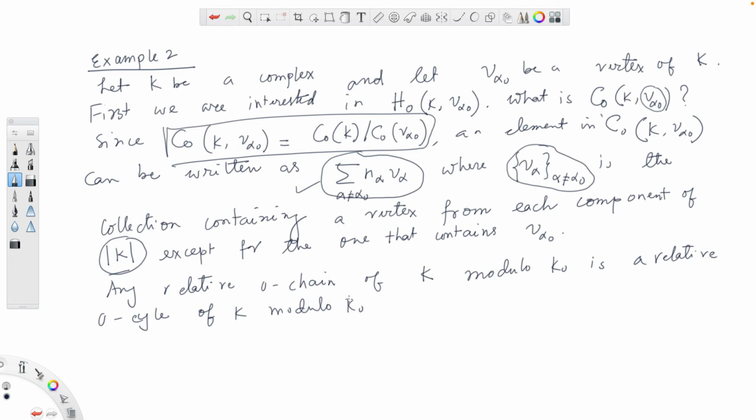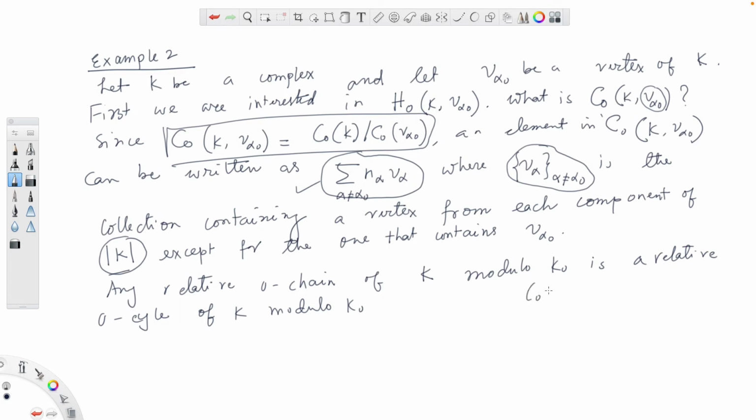It can be seen that this is a fact. So if you pick up a relative zero chain, then that is going to be a relative zero cycle.